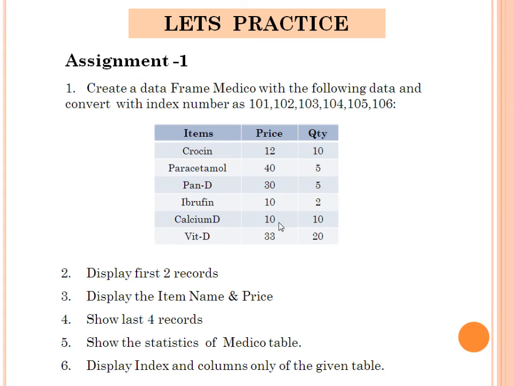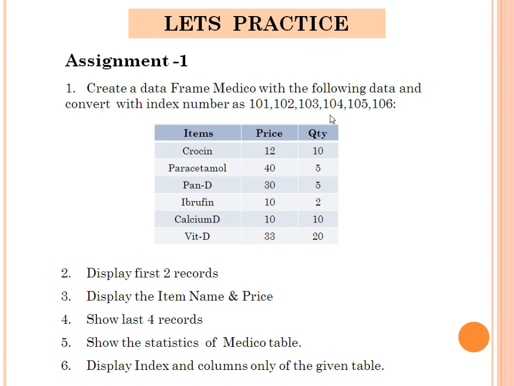So assignment 1, first question. Create a data frame Medico with the following data. Okay, see the data frame. This type of data frame you have to develop: items, price and quantity. Let's read further. And convert with index number as 101, 102, 103, 104, 105, 106.